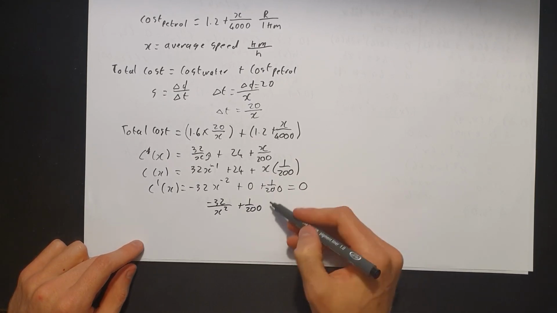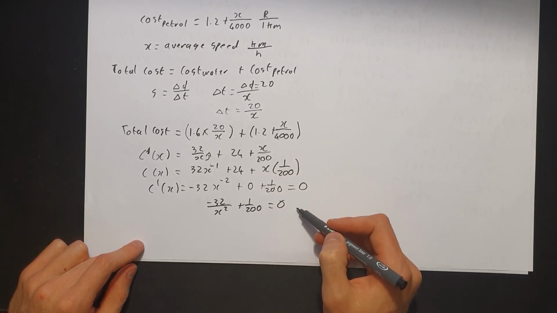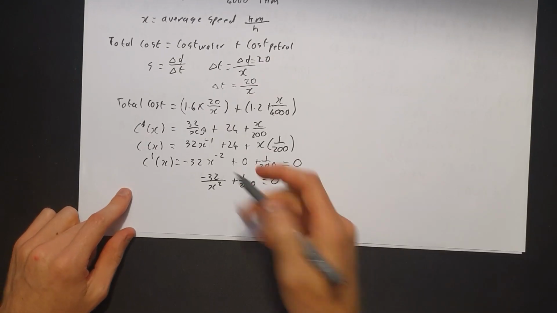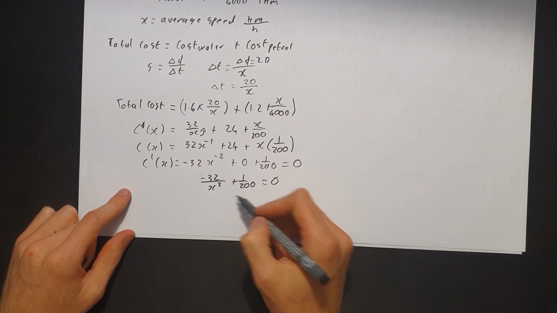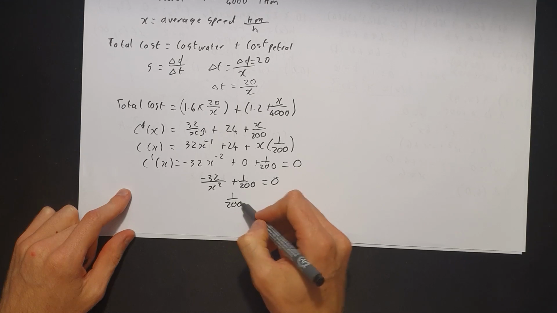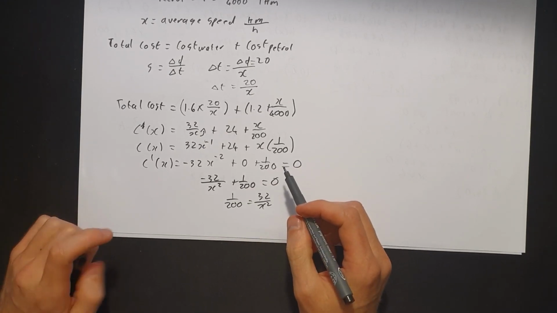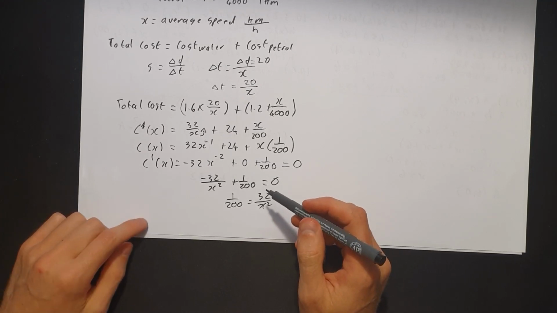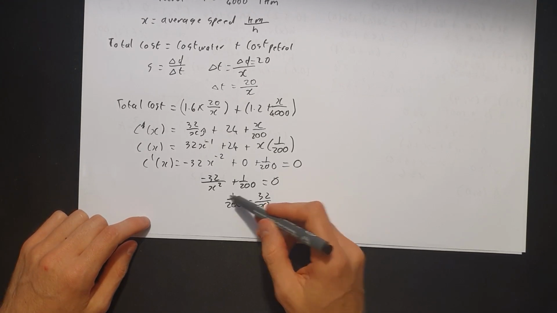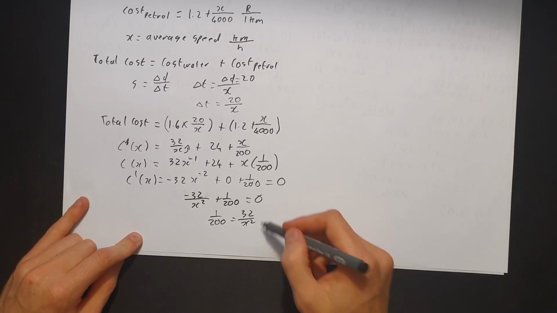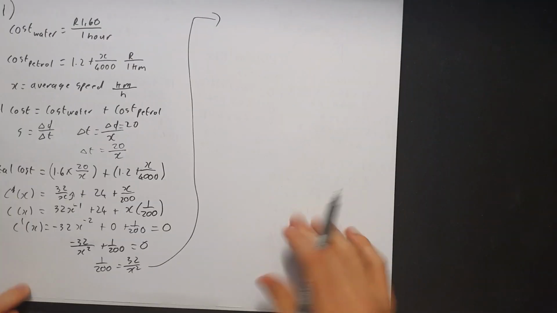So we can take the minus 32 across, so we end up with 1 over 200 equals 32 over x squared. If we sort all of this out, I'm going to take that across and take this whole thing to the top.